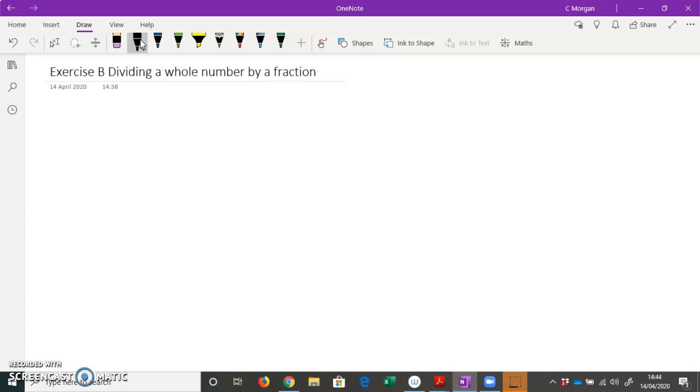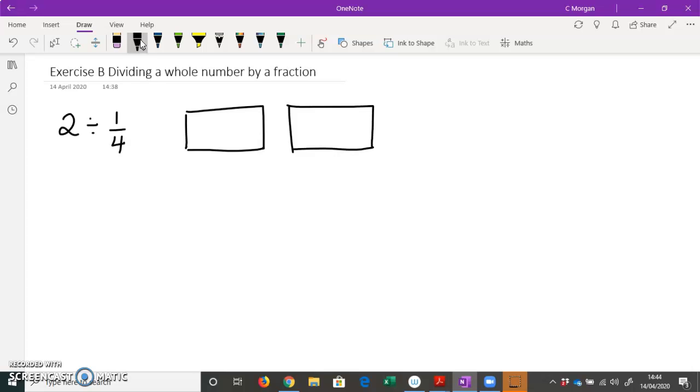In the last video we looked at 2 wholes divided by 1/4, and I encouraged you to draw out a little diagram showing 2 wholes being divided up into quarters. If I divide those 2 wholes up into quarters, I can see that each of those wholes has 4 quarters.